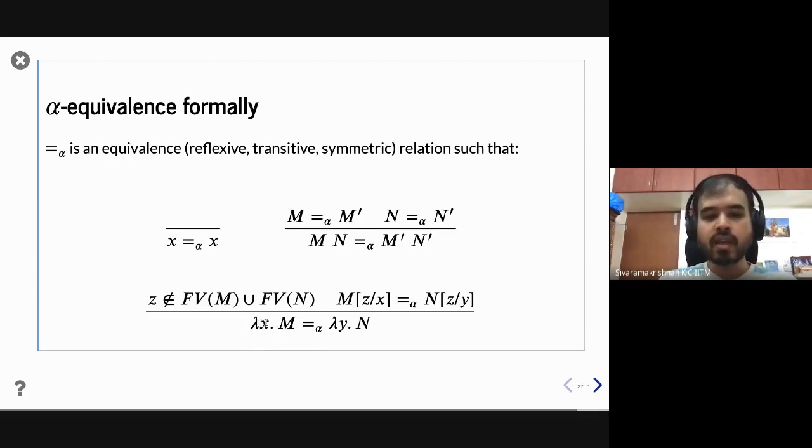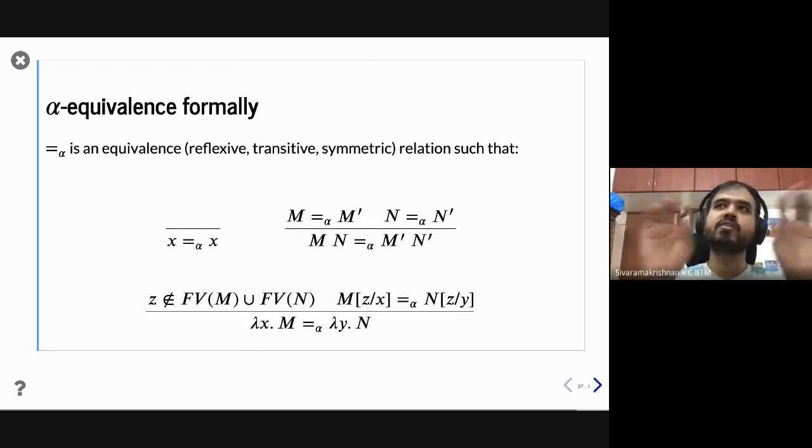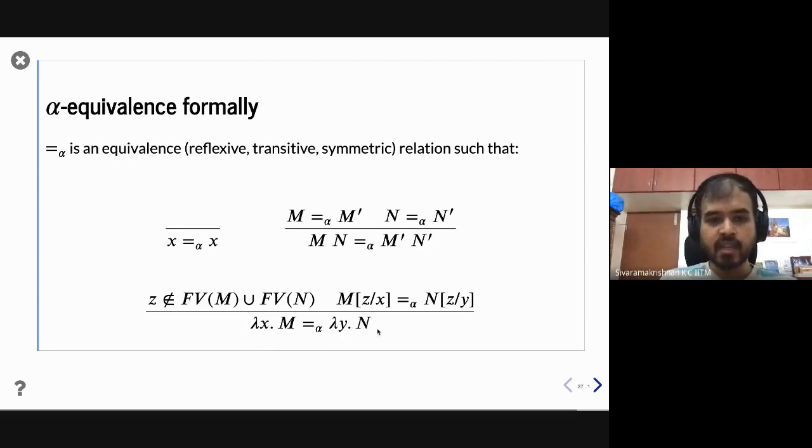Rename all free occurrences of x in m with z, so that everything is in z instead of x. Similarly, rename all occurrences of y in n with z. So we rename the variables to a common variable name. Now, if these two terms are alpha equivalent, then we know that the original terms are alpha equivalent. This is what we're doing, right?